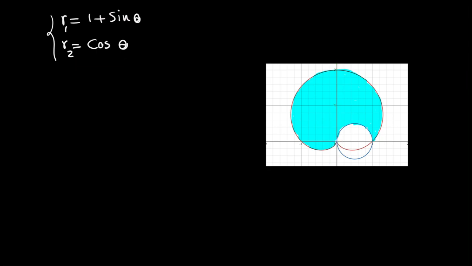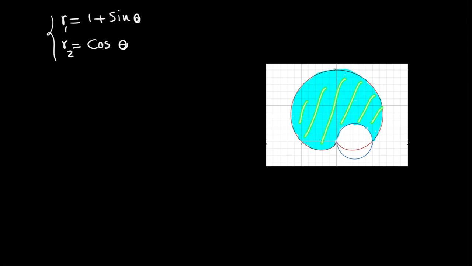It's a circle with diameter 1 and symmetric with respect to the x-axis because it's cosine of theta. We're looking for the area of the shaded region inside the cardioid and outside the circle.